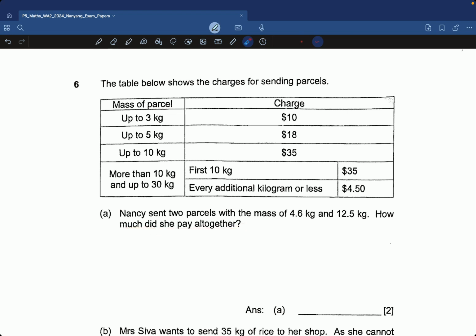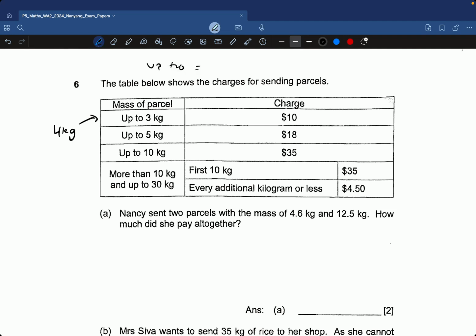All right. So in this case, there are 2 different types of parcels. When it says up to 3 kg or up to 5 kg, that means if I have a parcel that is 4 kg, is it up to 3 kg?